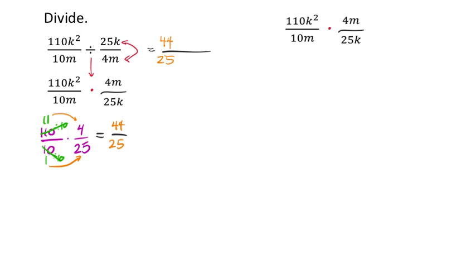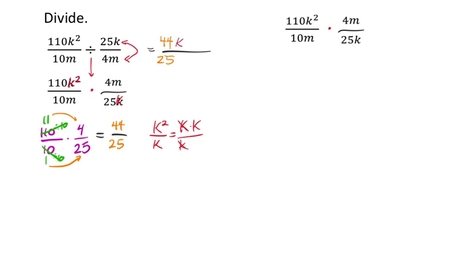Let's go to the k's. So I've got a k to the power of 2 in the numerator right here. And then I've got a k in the denominator. So it's k squared over k, which is k times k over k. And one of the k's in the numerator and denominator becomes a phantom 1. And so I'm just left with that k in the numerator, so I'm going to keep it in the numerator.